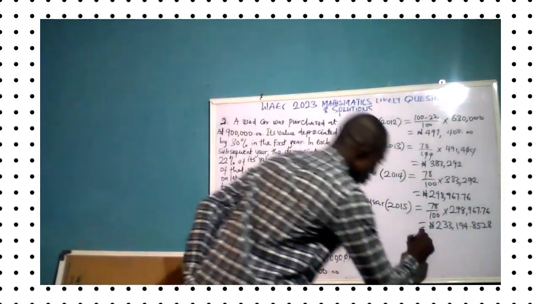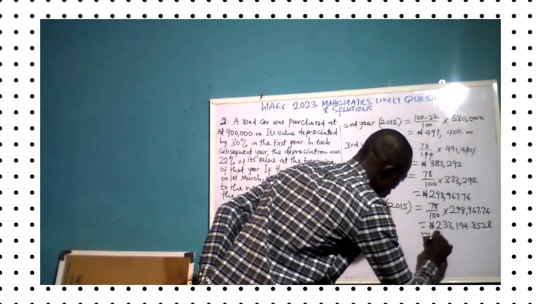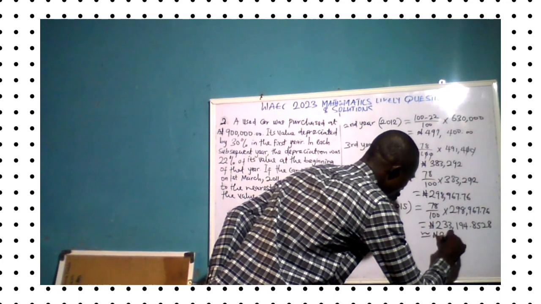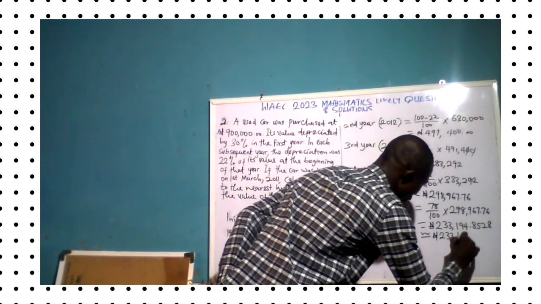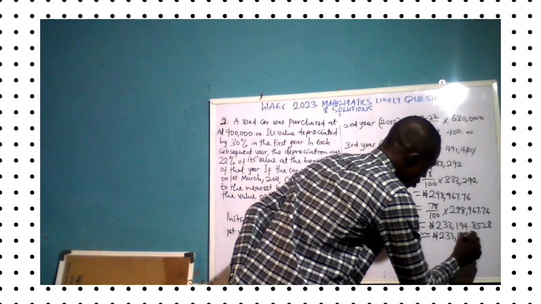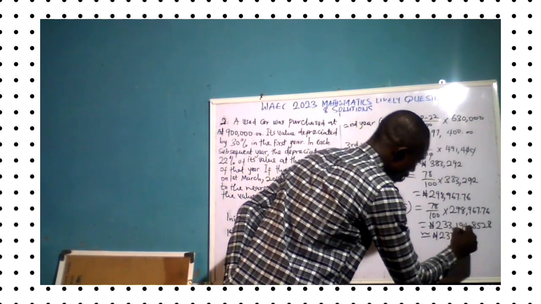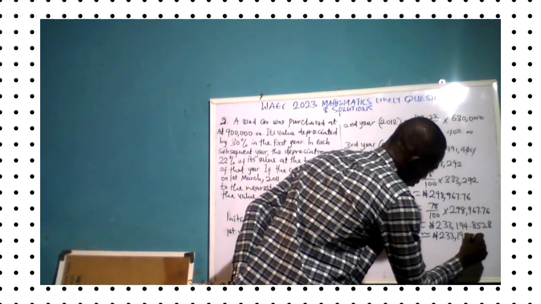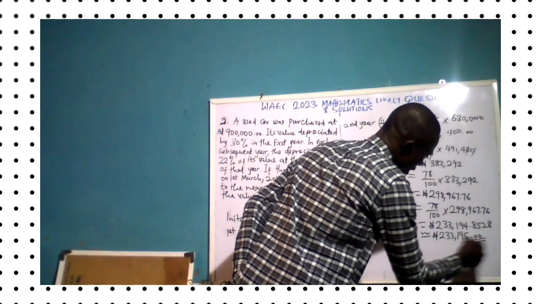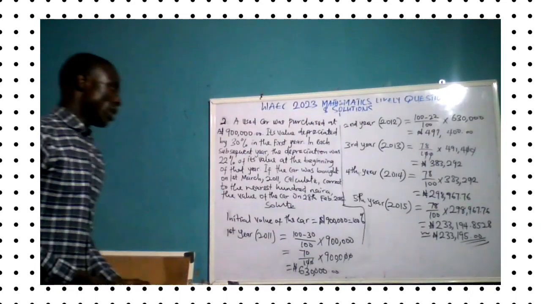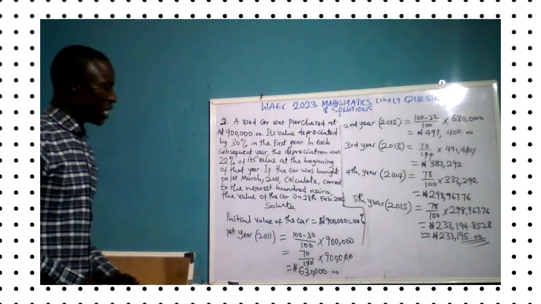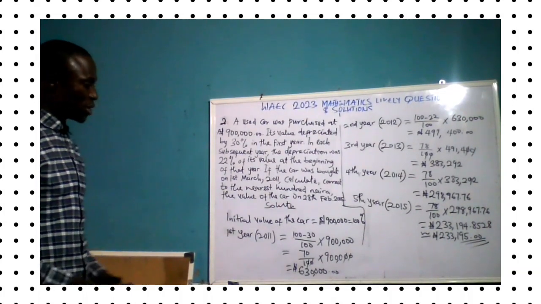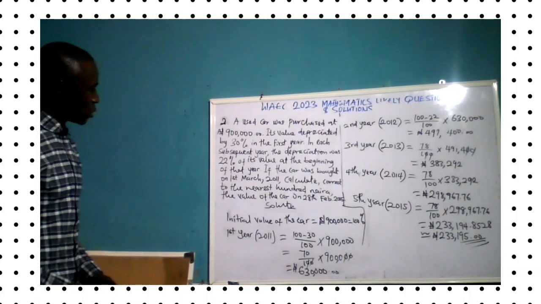So you have to approximate now, so that you have 233,200. Of course, if you round up this number, that's the value at the fifth year. That's the value that the car has depreciated to. So that's the answer to question number 2.